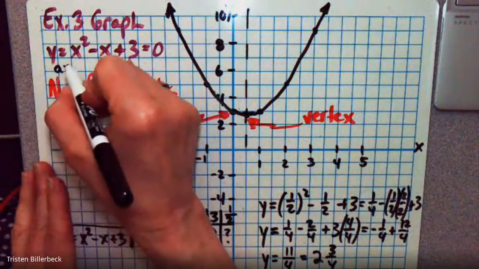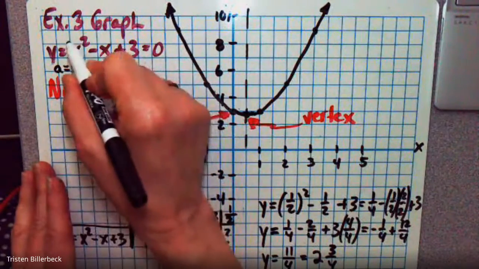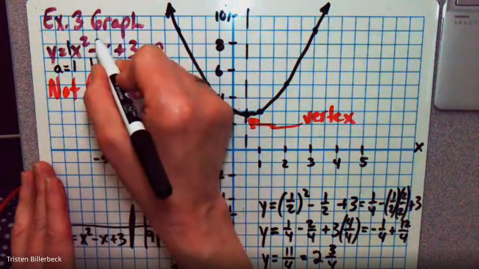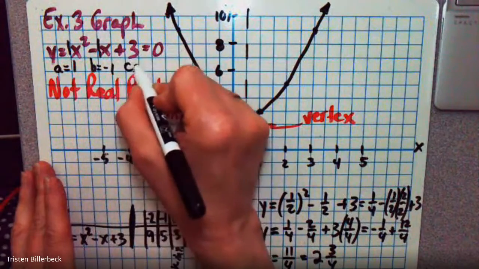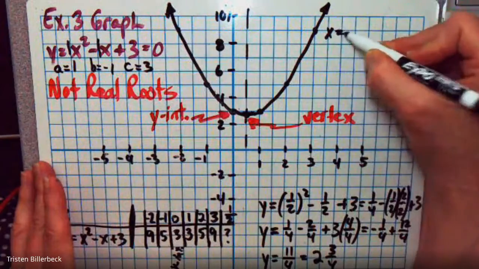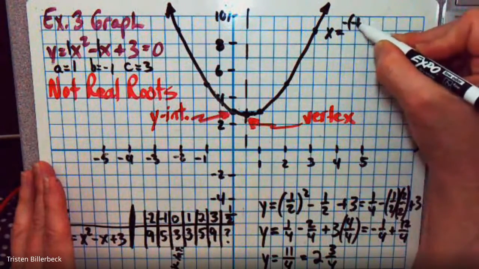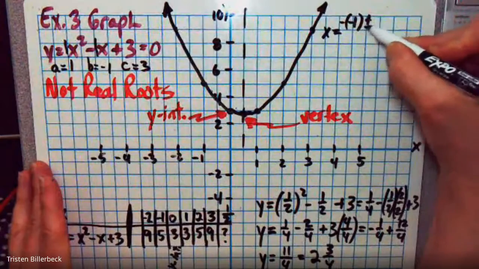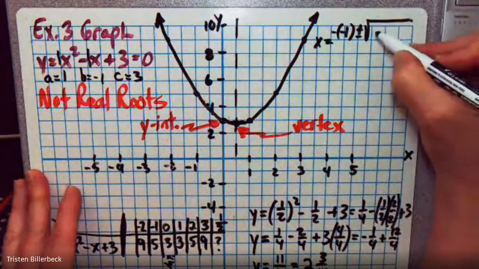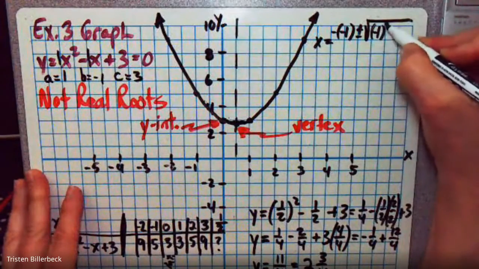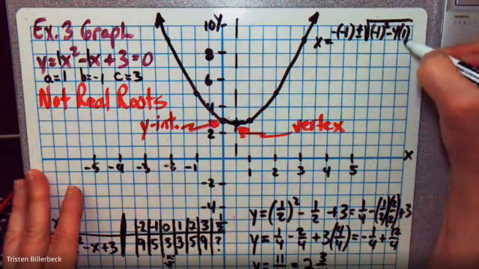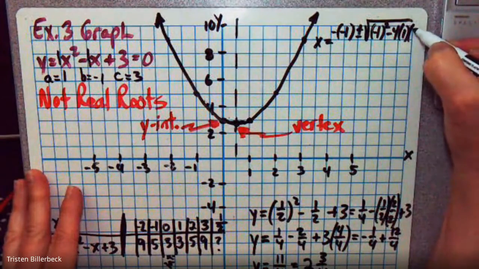So if we apply that, we have A equals 1 because there's really a 1 there. B equals -1 because there's really a 1 there. And C equals 3. So let's put that in the quadratic formula. X equals -1 plus or minus the square root of -1 squared minus 4 times 1 times 3.